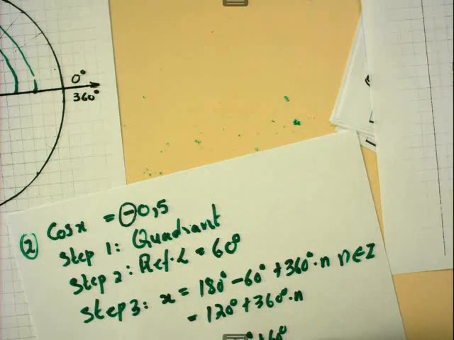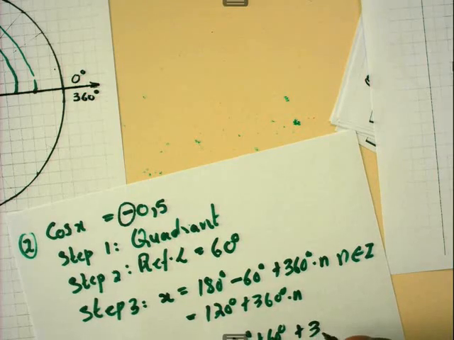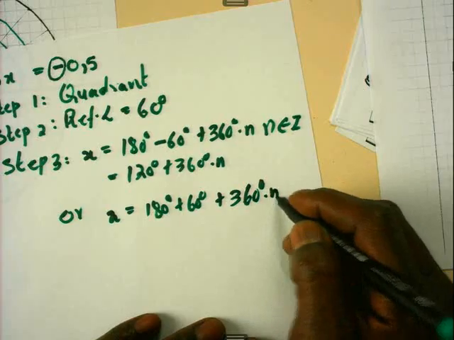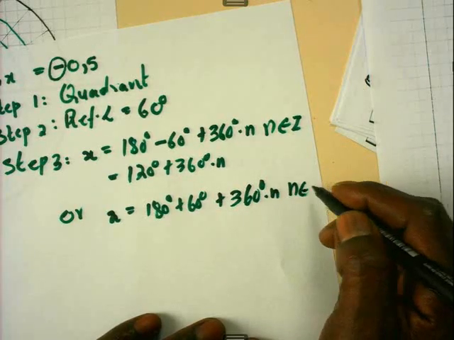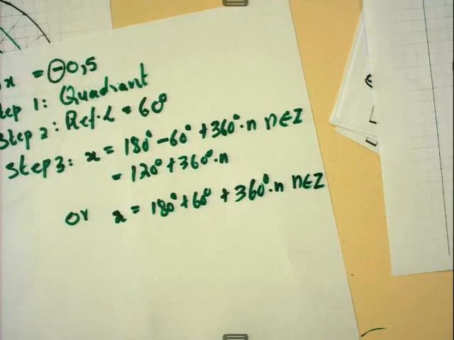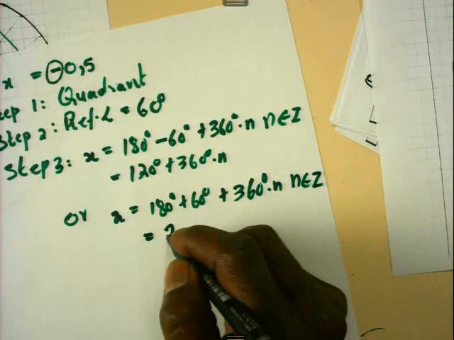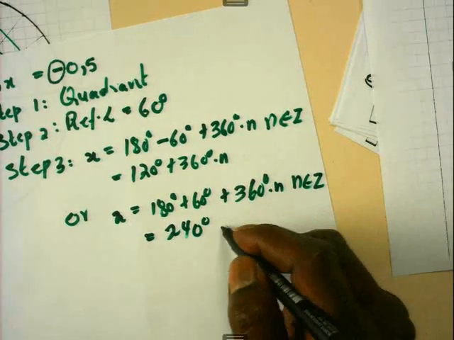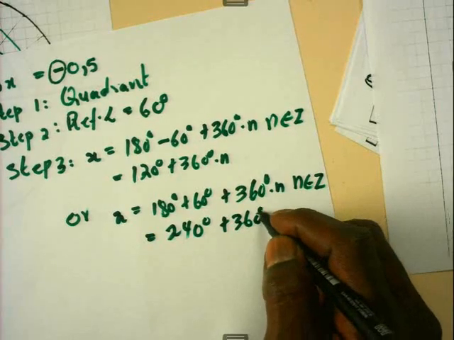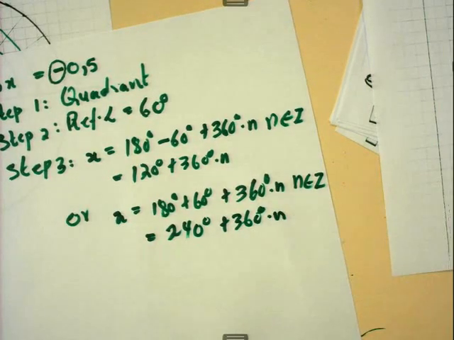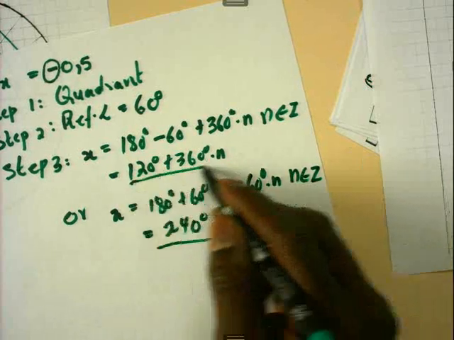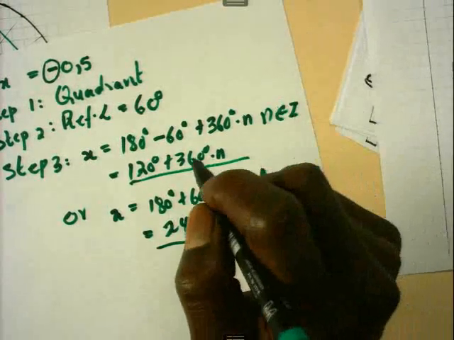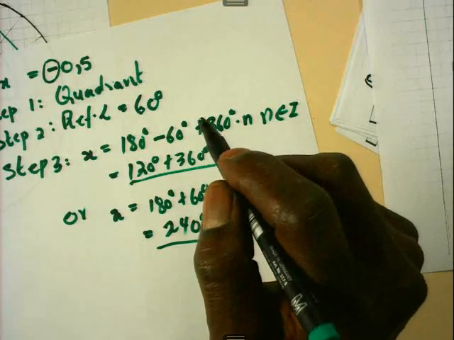So we can say plus 360 degrees times n, n being an element of integers. If we simplify this again, that is going to be 240 degrees plus 360 degrees times n. And that will be the general solution for the problem cos x is equal to negative 0.5.